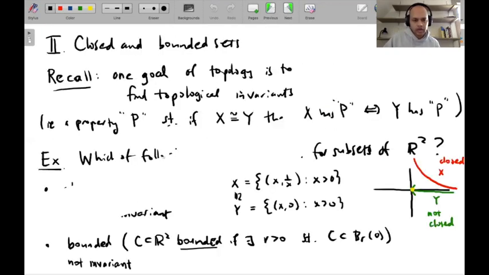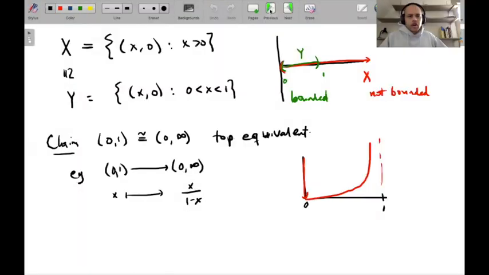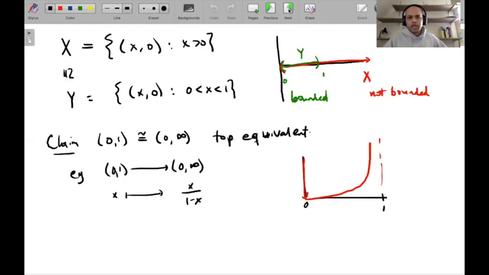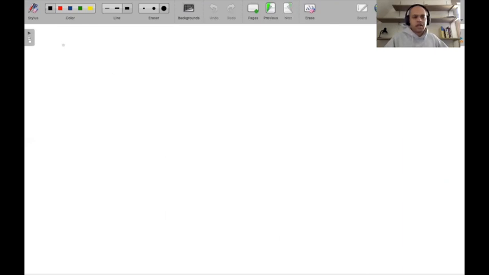Sorry, I wanted to refer exactly to this. What did I have written before? Okay, so we saw here that being closed and being bounded are not topological invariants for subsets of R2. But the surprising fact is if you combine these, then you do get a topological invariant.